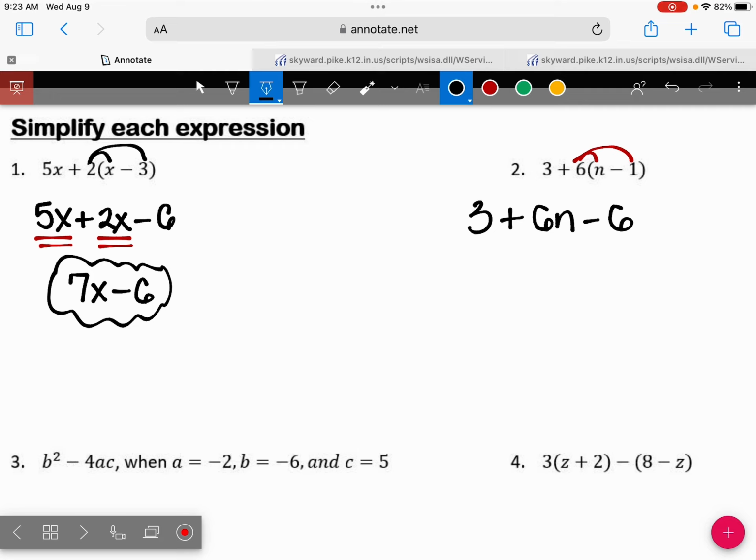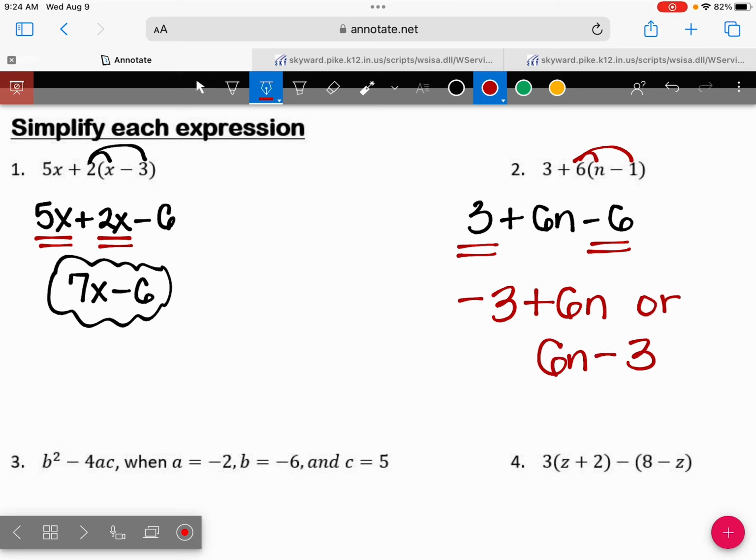And do I have any like terms? What are my like terms? 3 and negative 6. Good job. So what is 3 and negative 6? What do you get when you add those together? What'd you say, Jaden? Negative 3. Good. Now you could write that as negative 3 plus 6n, or you could write 6n minus 3.